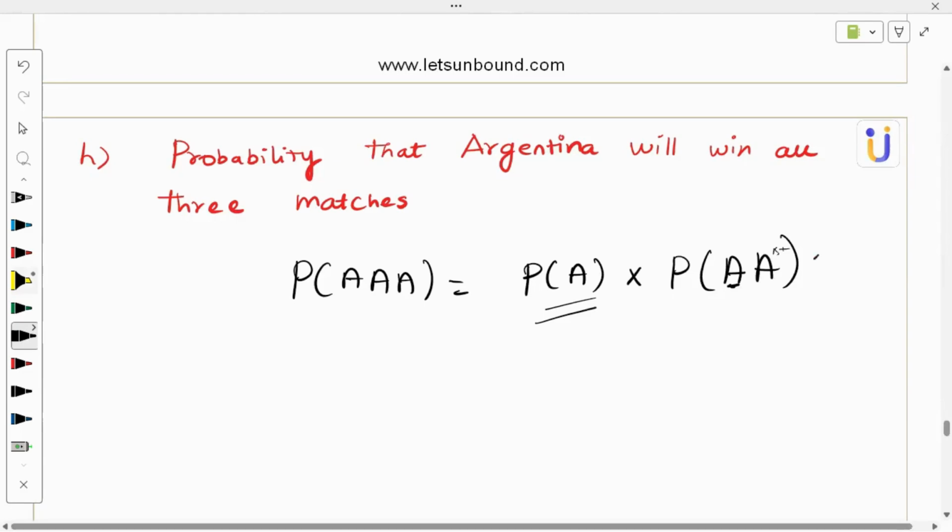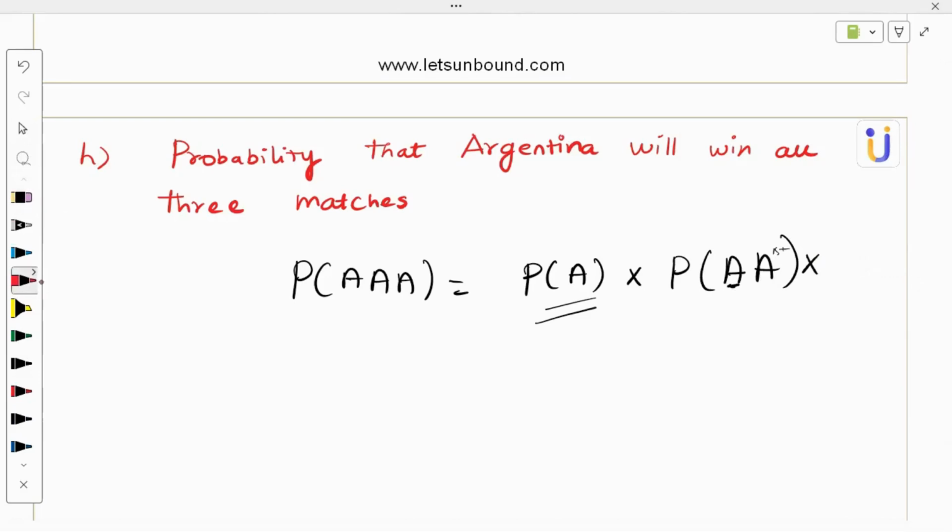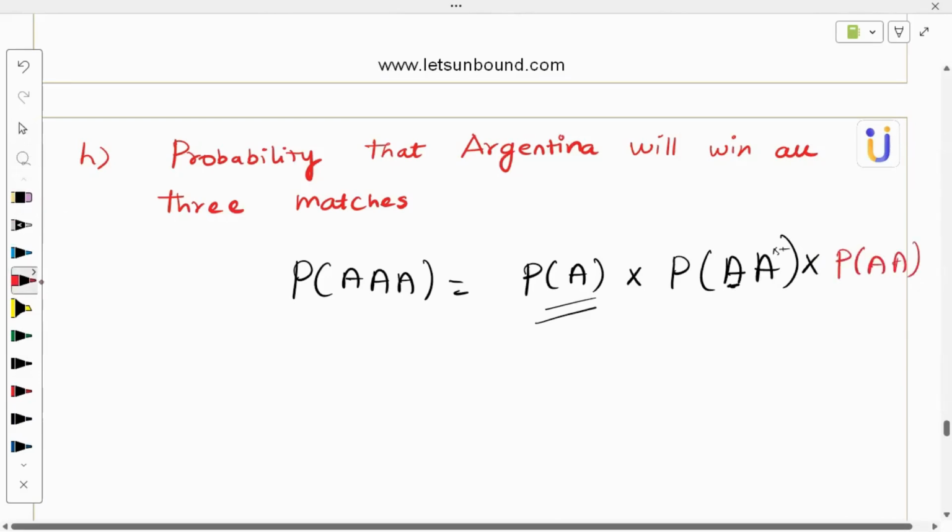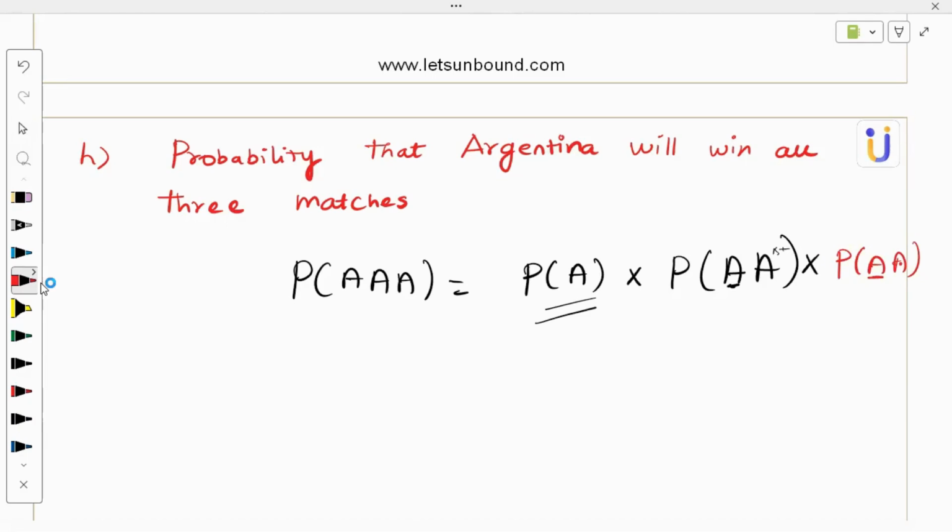Times the probability of, most of us will do it like probability of triple A, but not like that. Here we should do again probability of AA, which means the probability of winning the third match, given that they win the second match. Correct?